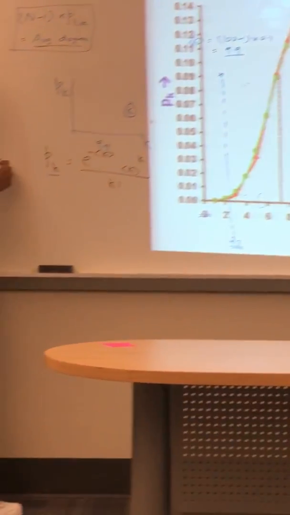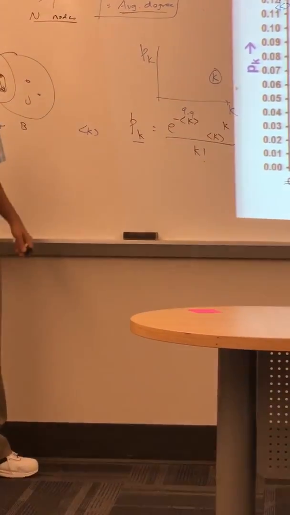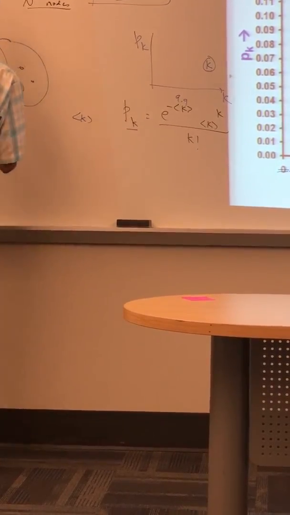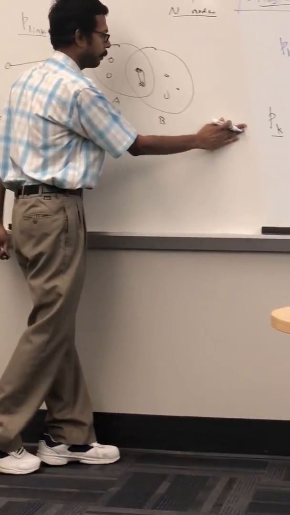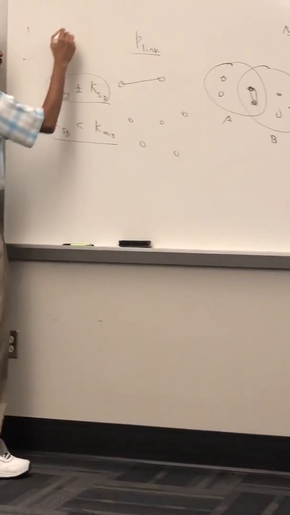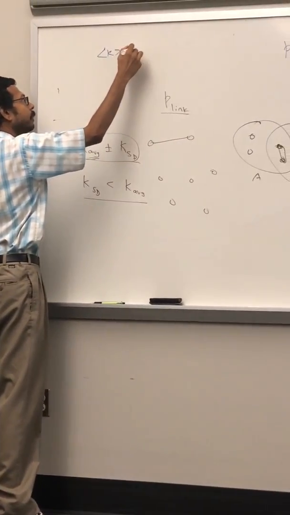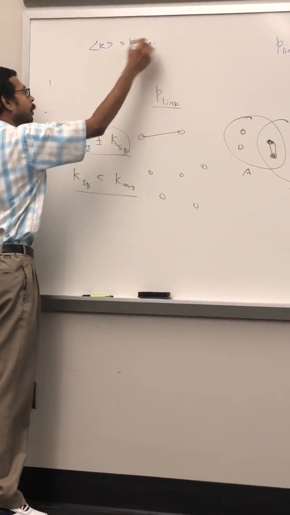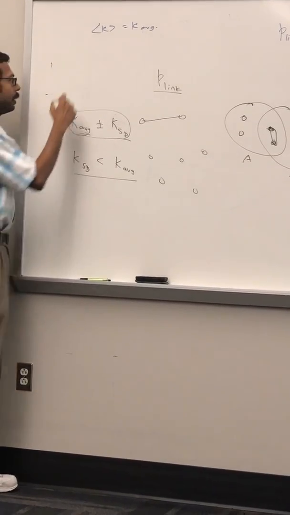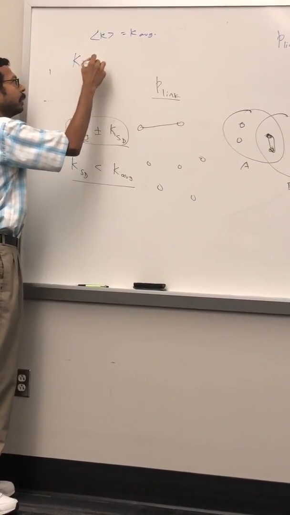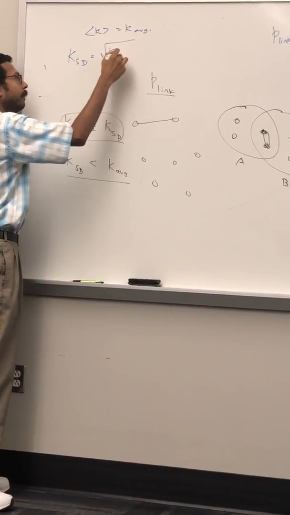If this is the average degree, the standard deviation is, let me use the same notation here. I mix up notations, but they are all the same. So this is the same as average. So for a Poisson distribution, the standard deviation is the square root of the average degree.